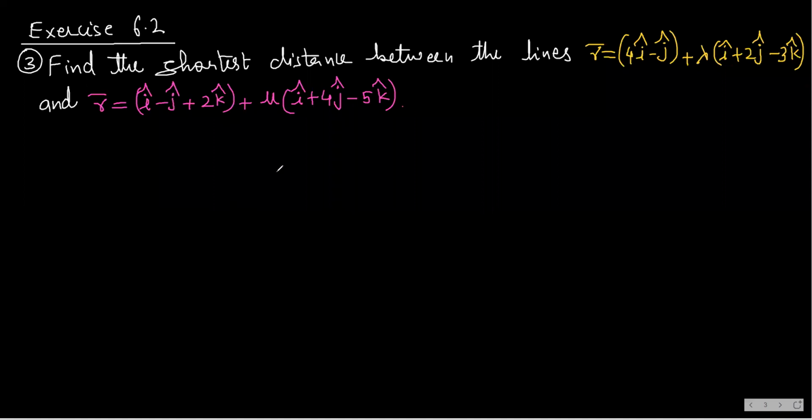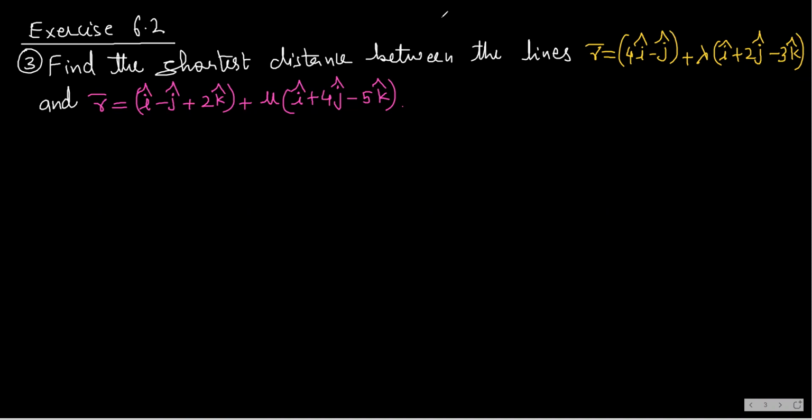So here we have a question on the concept that we just did. This is from exercise 6.2 of the Maharashtra State Board textbook. Third question from exercise 6.2. See, the question goes as, find the shortest distance between the lines r bar equals 4i cap minus j cap plus lambda times i cap plus 2j cap minus 3k cap, and r bar is equal to so and so here.